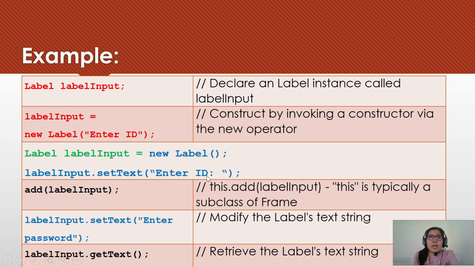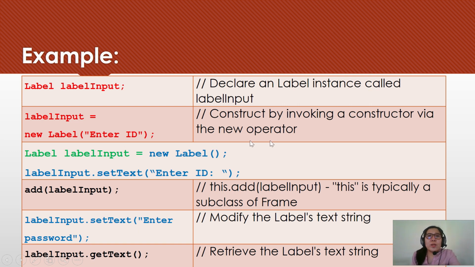That is where we put the enter ID. If we also want to modify, like changing enter ID to enter password, the method to use is setText. In order to retrieve the label's text string, to return the value, the method used is getText.